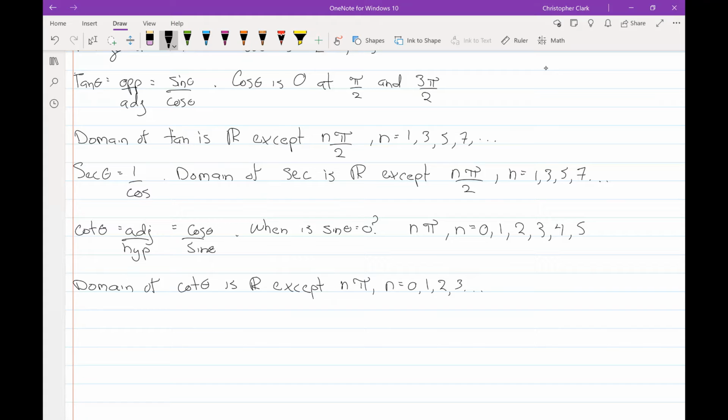Now, since we talked about sine, we can talk about cosecant. So cosecant theta is equal to 1 over sine theta.